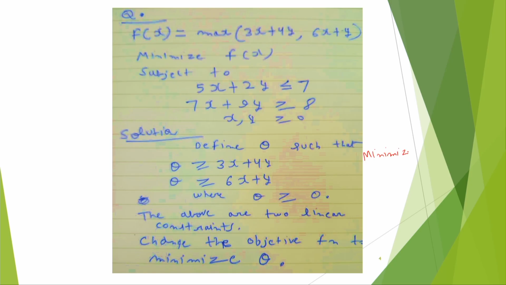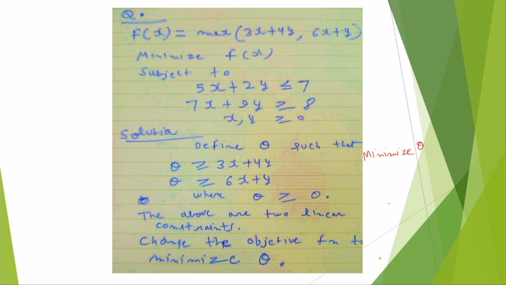because we have to minimize. So I can say minimize theta, but theta is always more than 3x plus 4y, and theta is always more than 6x plus y. So therefore naturally that means 3x plus 4y or 6x plus y should be smaller than theta.